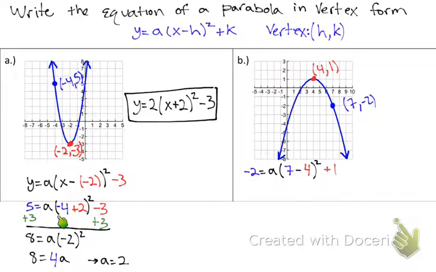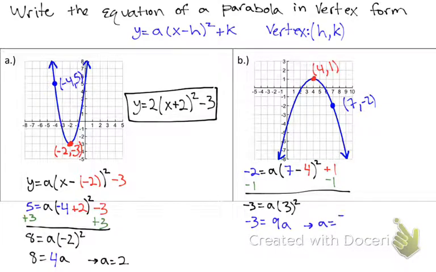And then just like the last problem, we have to isolate a. So add 1 on both sides, and then we know that 7 minus 4 is 3, and 3 squared is 9. Dividing both sides by 9, we get a equal to -1/3.